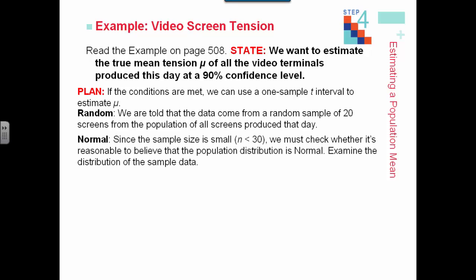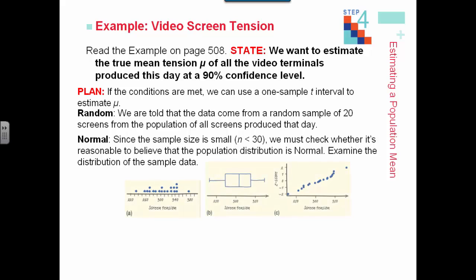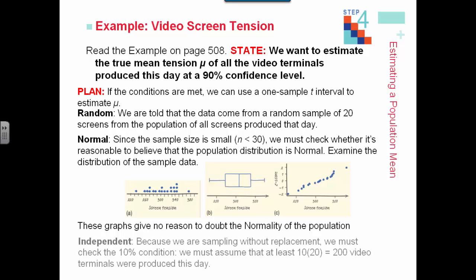Since the sample size is small, we must check whether it's reasonable to assume the population distribution is normal. Examine the distribution of the sample data. These graphs give no reason to doubt the normality of the population. Because we are sampling without replacement, we must check the 10% condition. We must assume at least 200 video terminals were produced this day.